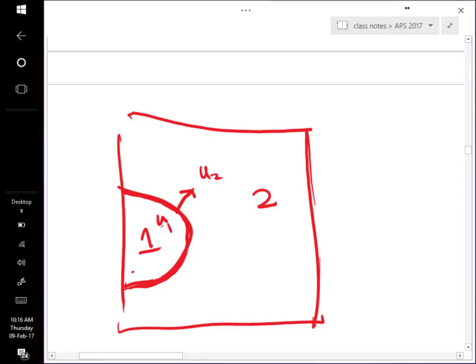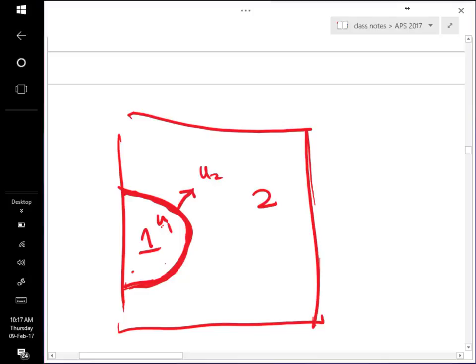And if the problem is small enough compared to the surface tension, so if the Bond number is small enough, then we'll want to include surface tension as a force that occurs along this interface.